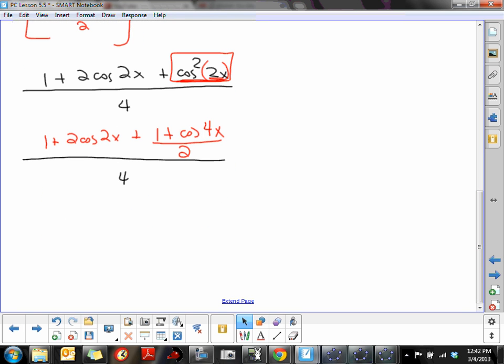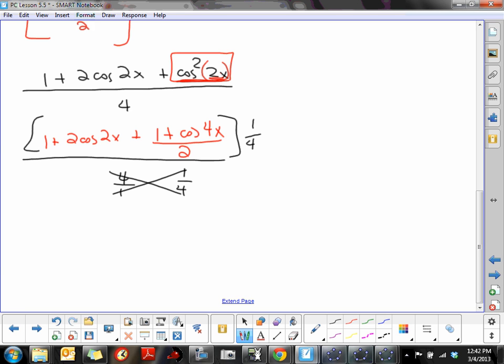Now it's a matter of getting rid of that denominator on the bottom. My first impression is I want to get rid of that 4 over 1, so I'm going to take the top part of the expression and multiply it by the reciprocal, 1/4. If I multiply top and bottom by 1/4, it gets rid of our complex fraction, and now I can distribute through my entire term. So that's 1/4 plus, we take 1/4 of 2, so that should be 2 cosine of 2x.